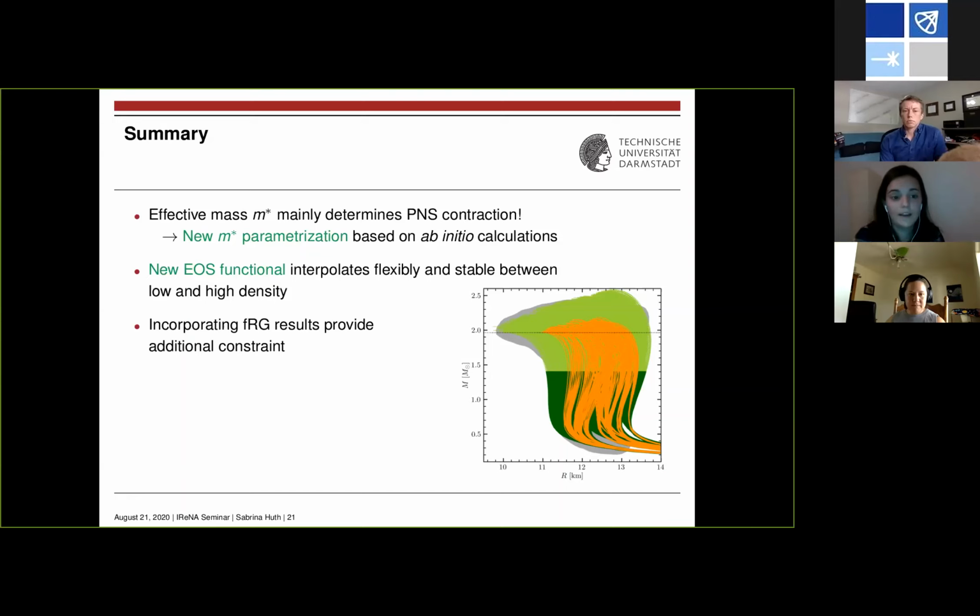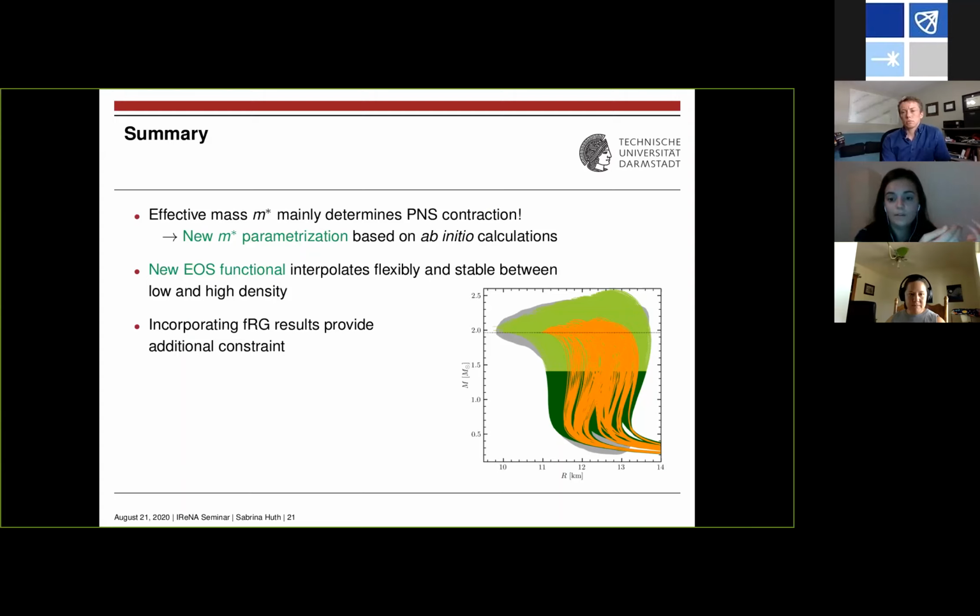This is why we came up with a new effective mass parametrization that is based on ab initio calculations. And this is then implemented in our new equation of state functional. With this functional, we can interpolate between low density and high density, but under very stable and flexible conditions. Therefore, we can cover the whole band of uncertainties from nuclear physics and observations.